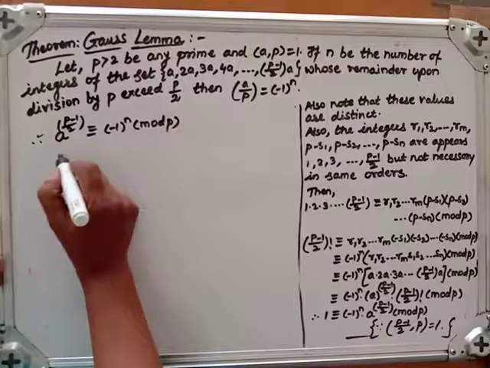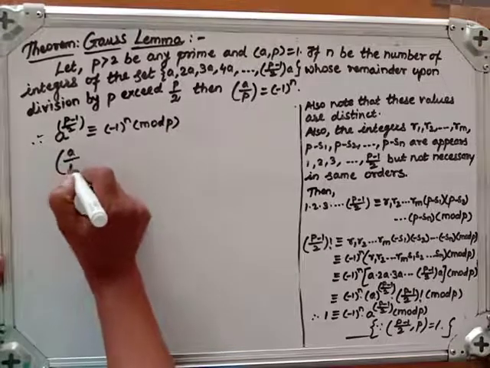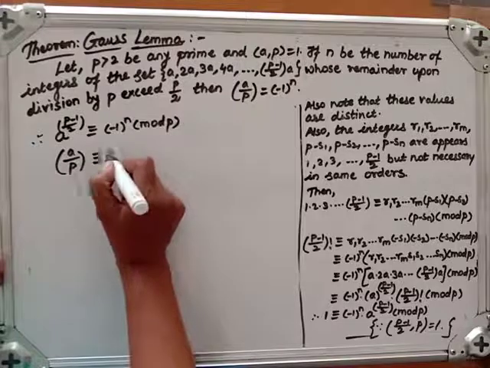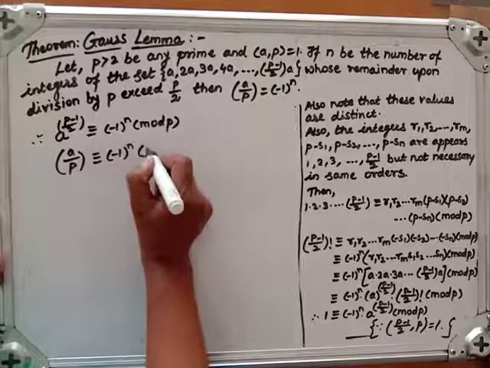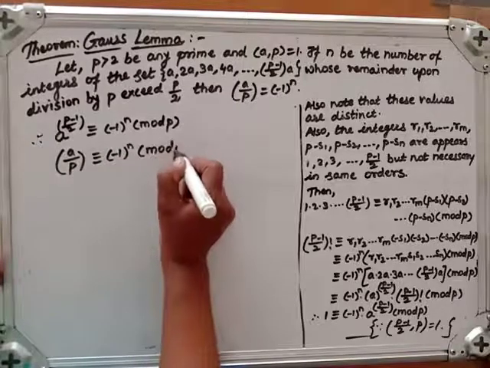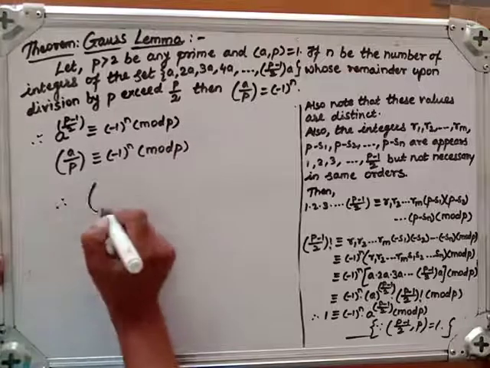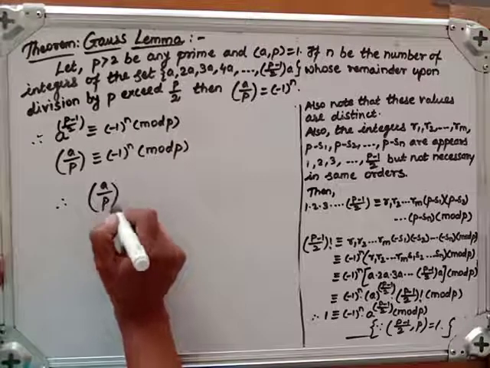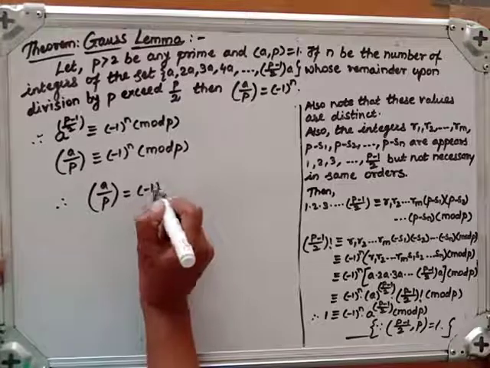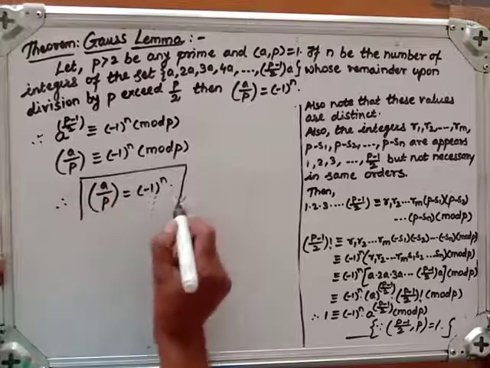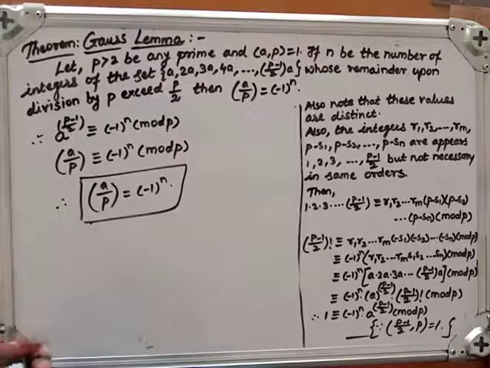But a^((p−1)/2) means what? The Legendre symbol (a/p) ≡ (−1)^n modulo p. Therefore the Legendre symbol (a/p) equals (−1)^n. So this is our proof of this theorem.